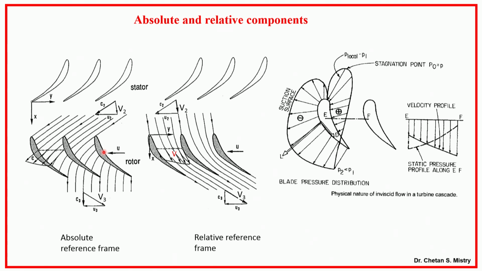In order to have that extraction of work, we need to rotate our blade from the pressure side towards the suction side. We are utilizing our lift force to extract the work, and that is the reason why this is my rotational direction, and it will give me my relative velocity V2. What is happening? Once it passes through my rotor, it will be coming out with relative velocity V3. That is, my relative velocity is getting higher.